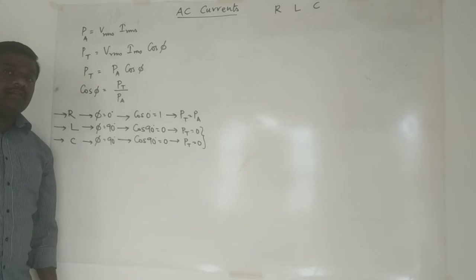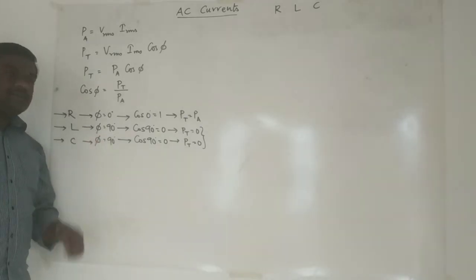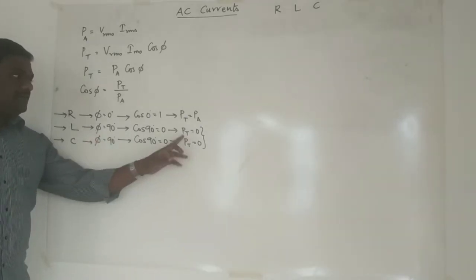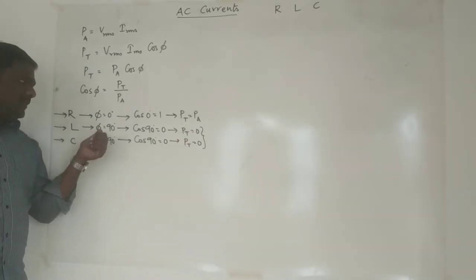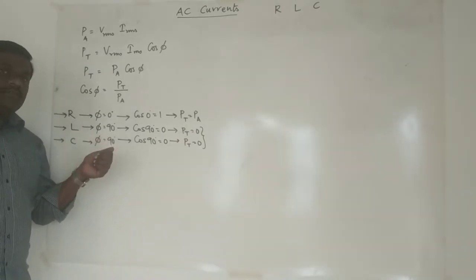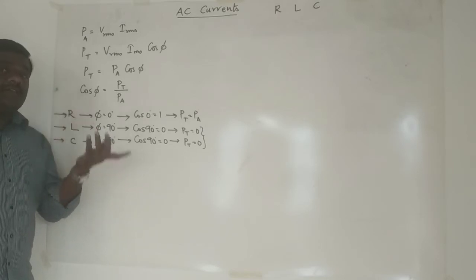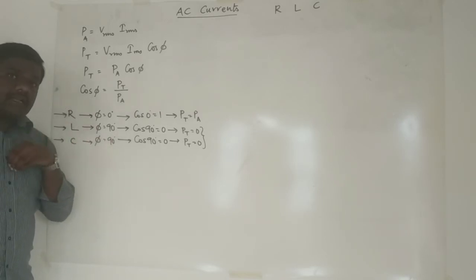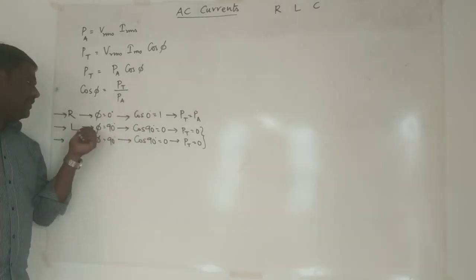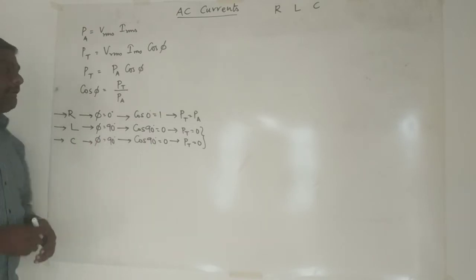Now what does it mean? These elements will never consume any power, since the phase angle between the current and voltage is 90 degrees. In such circuits where the power consumption becomes 0, the current flowing through those elements is known as Wattless current.